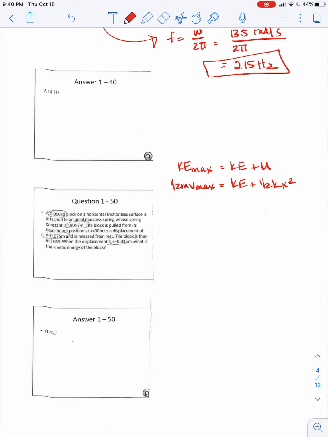So go through some of that information that we've got. We could probably find some of that, right? So we could find the 1/2 k x squared pretty easily by just doing 1/2 times 190 newtons per meter times our x, which is 0.035 meters squared.